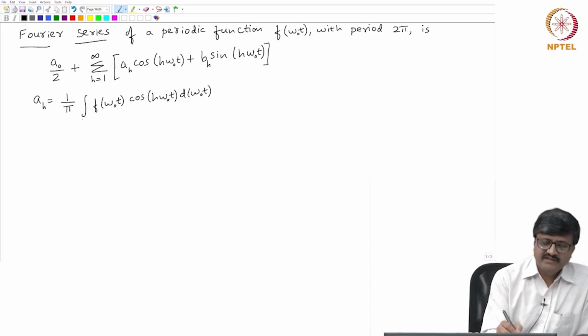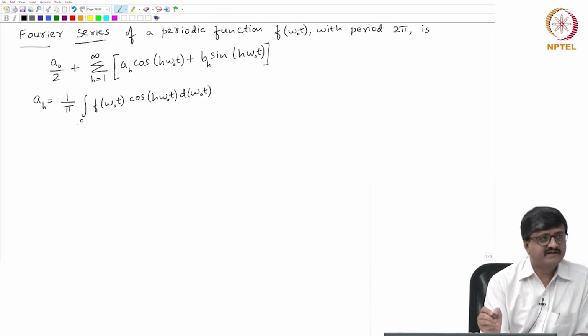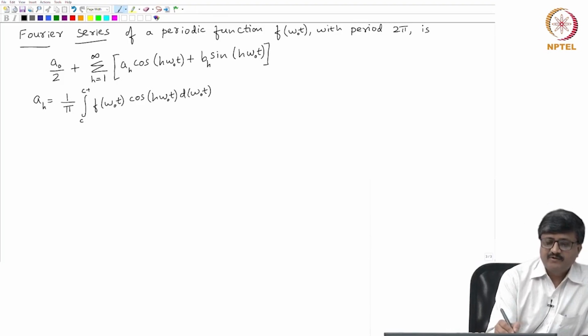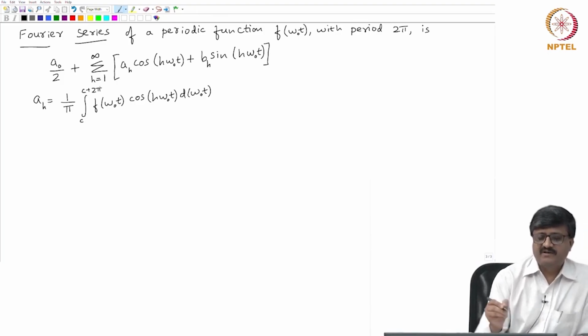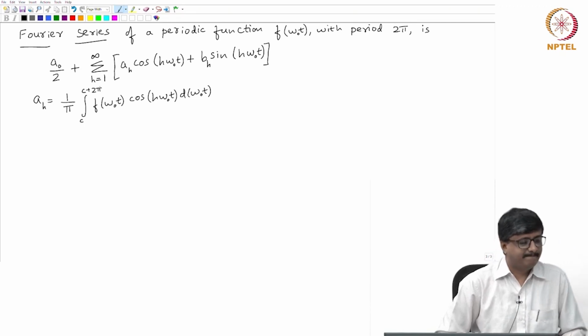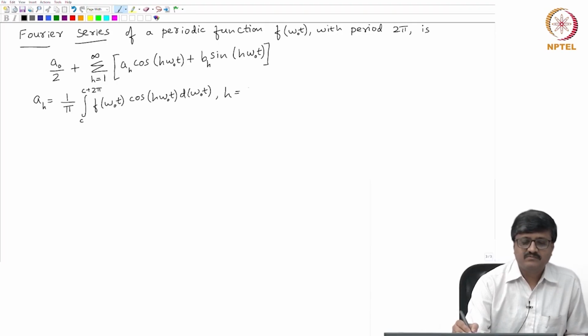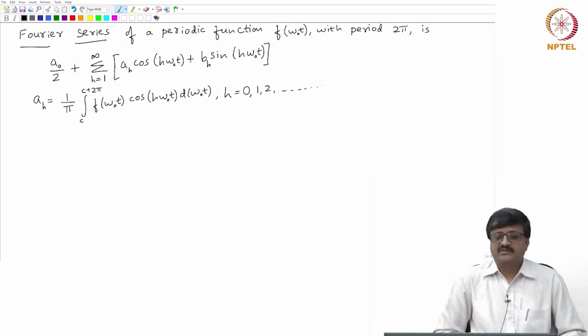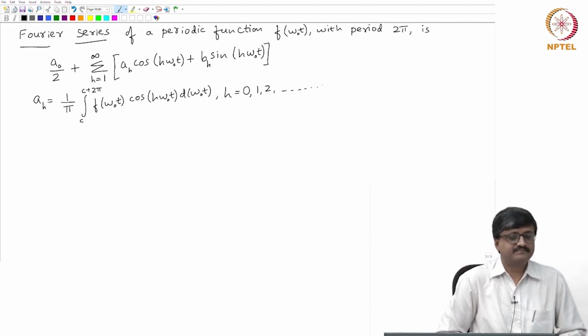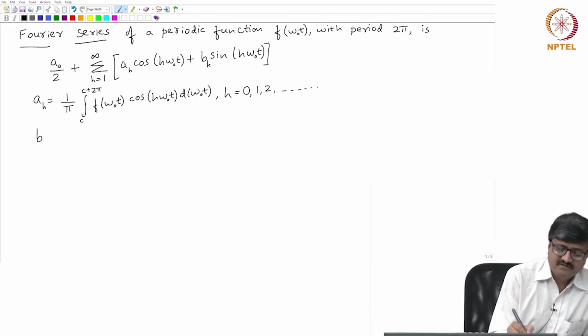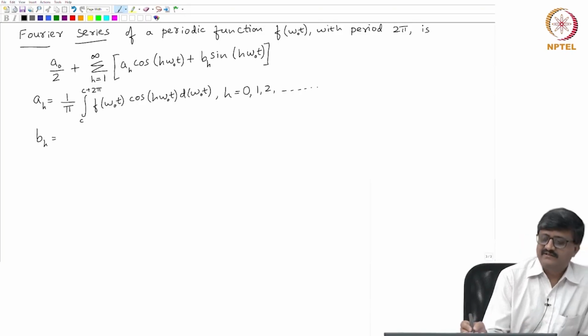I can choose any arbitrary lower limit, c is any arbitrary real number. So, the upper limit should be c plus 2 pi, and this is applicable for h equal to 0 also, then 1, 2, and so on. So, for all possible values of h including 0, when h is equal to 0, I get A0, A0 is the first term.